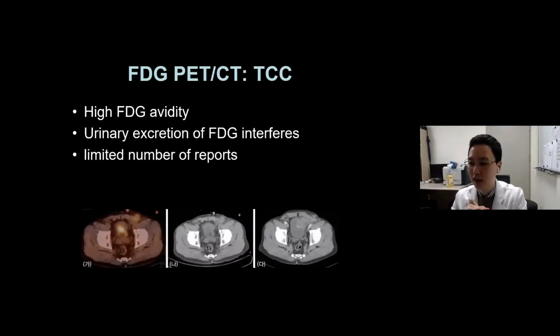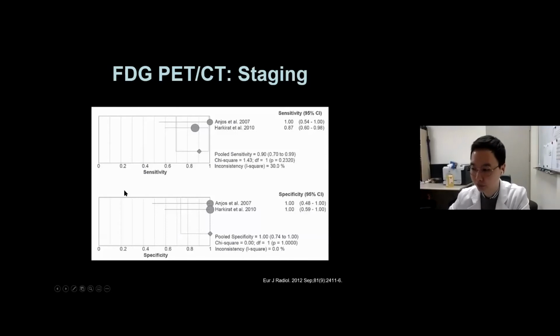For PET-CT, FDG has high avidity for transitional cell carcinoma. However, because of the urinary excretion route, it interferes with the performance of FDG PET in detecting bladder lesions. So there are very limited numbers of reports, as in renal cell carcinomas.